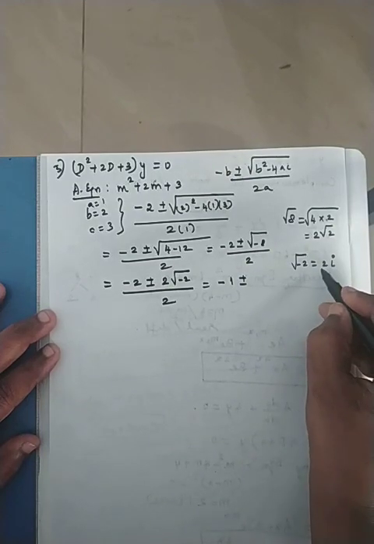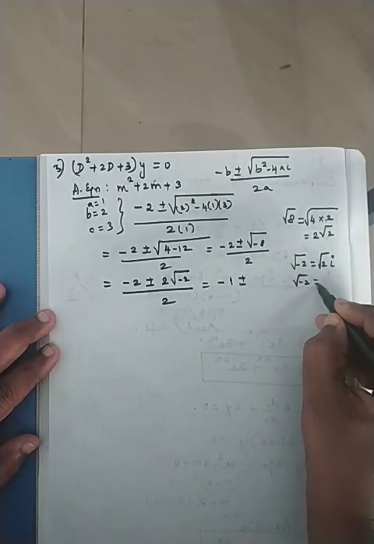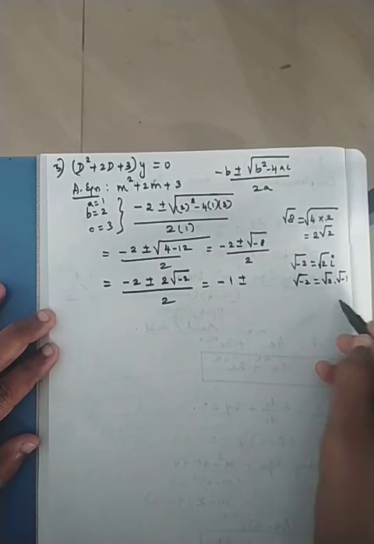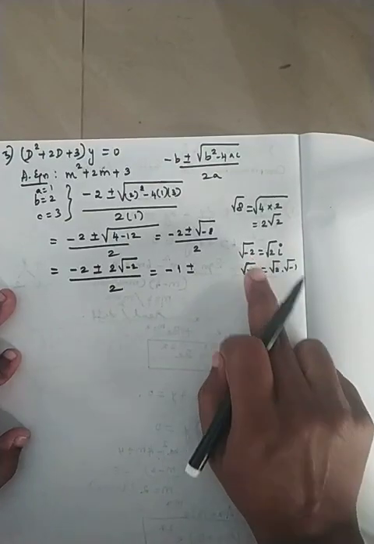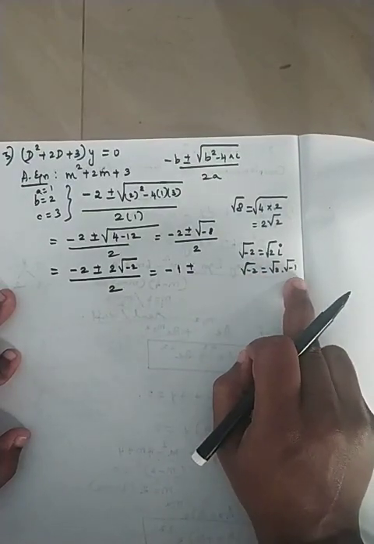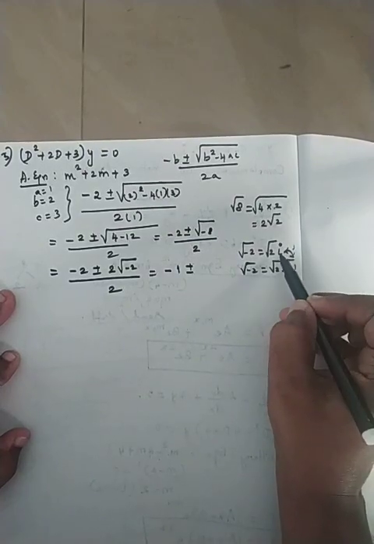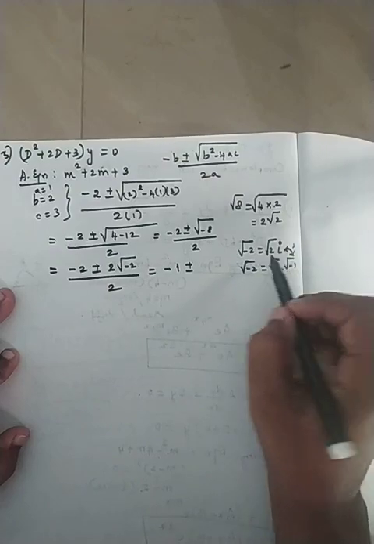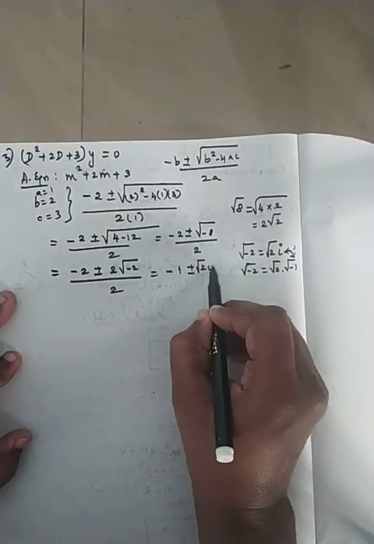Root 2 into root minus 1, I can write it as root 2 into root minus 1. This root minus 1 I can write as i, small i. i is the imaginary part. This is why it becomes a complex number. So I can write this as root 2i.